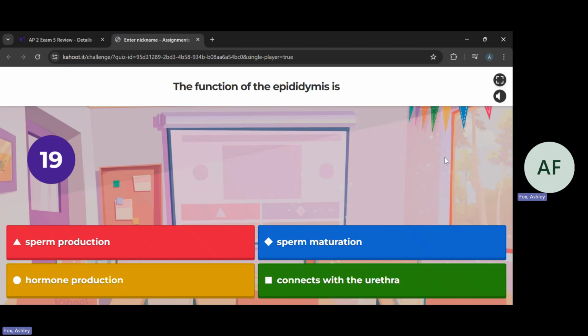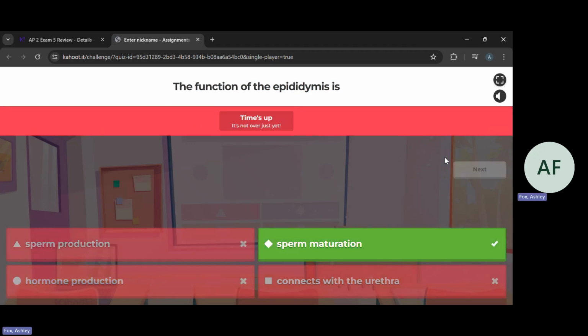What's the function of the epididymis? Sperm production, sperm maturation, hormone production, connects with the urethra. Remember, the epididymis is where sperm are maturing, meaning they're getting their tail and being able to swim.